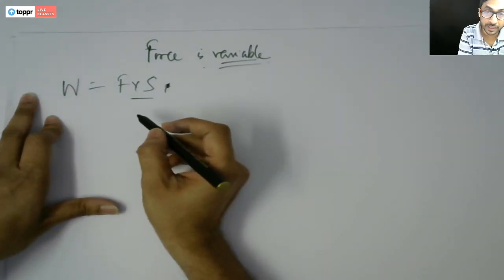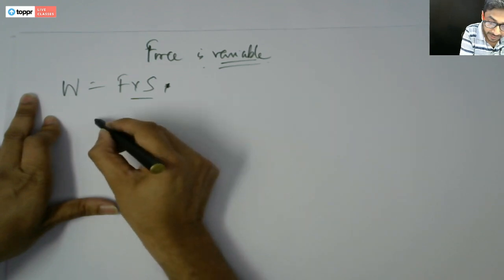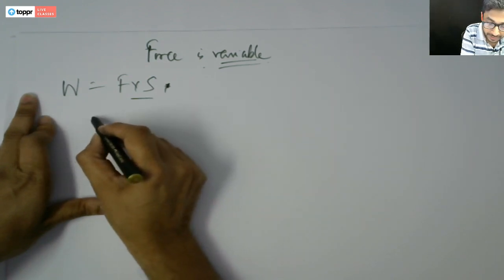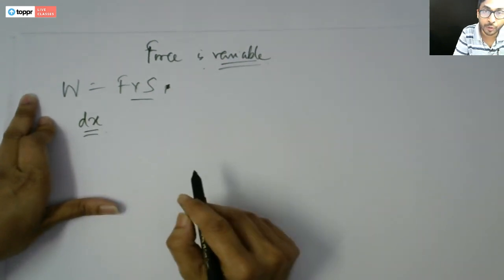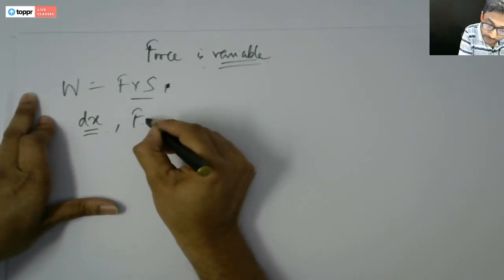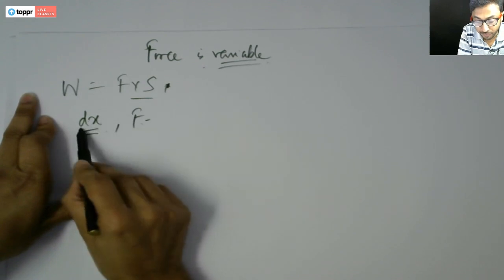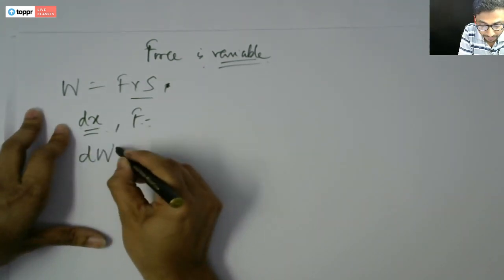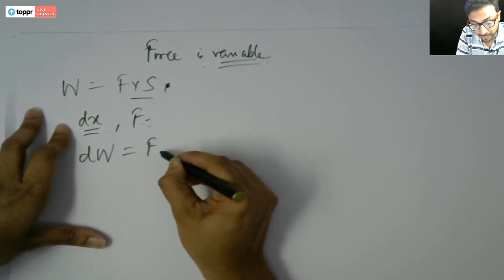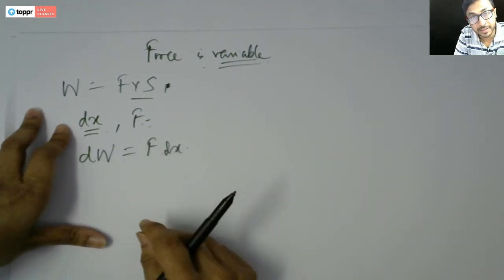So let us consider a very small displacement dx, on which the force is constant. For a very small displacement dx, when the force is constant, we can calculate a very small work, that is nothing but F dx.